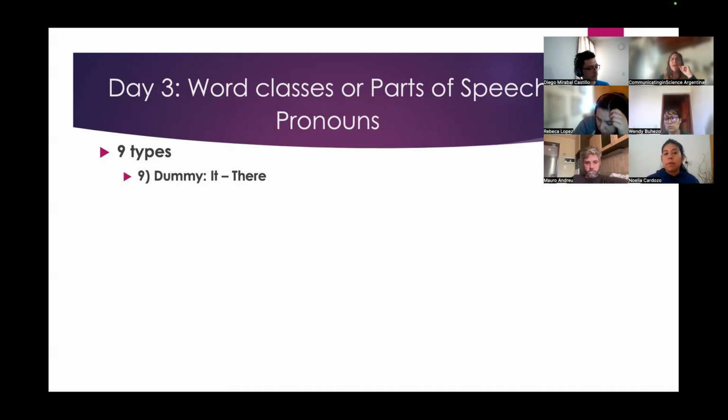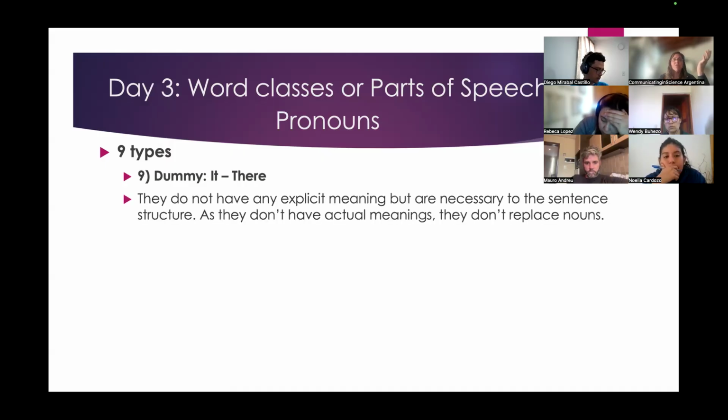And finally, we have dummy subjects or dummy pronouns. And we use this a lot. And they can be confusing, so I want to focus a little bit on these ones. It and there, we saw them as personal pronouns, as relative pronouns. There is also an adverb, for example.